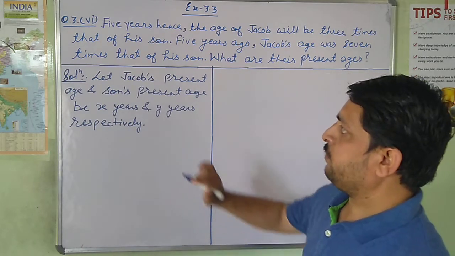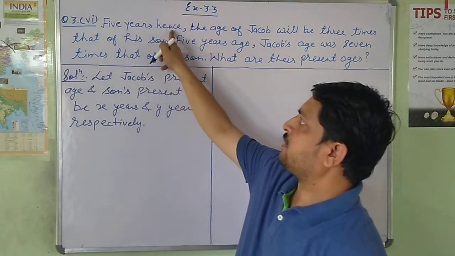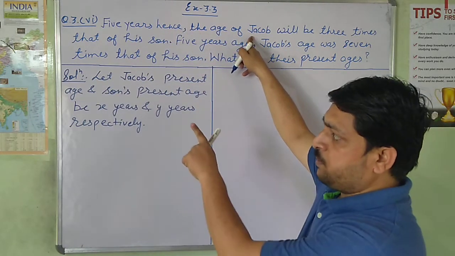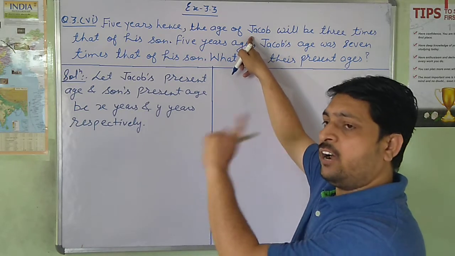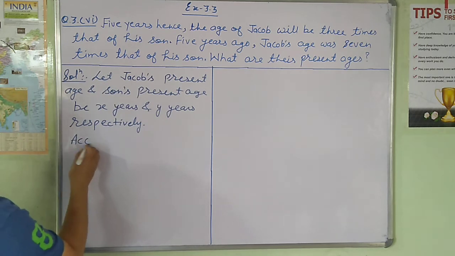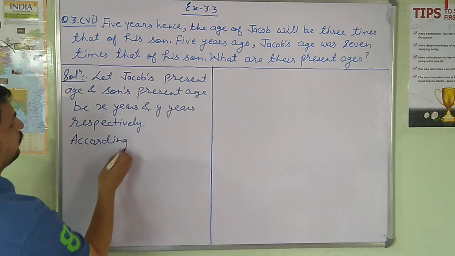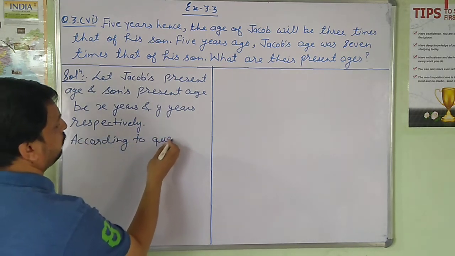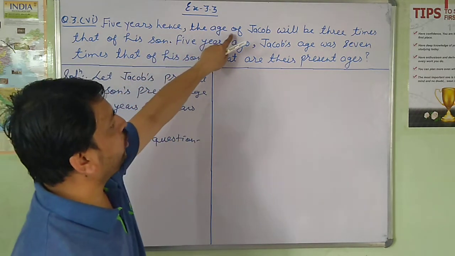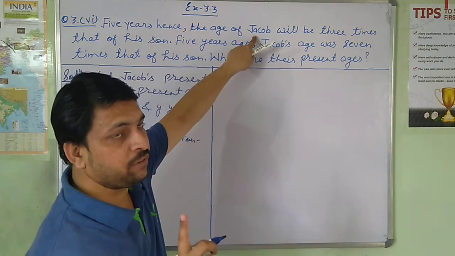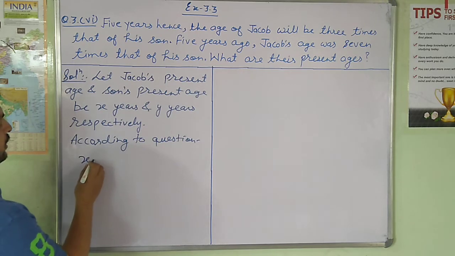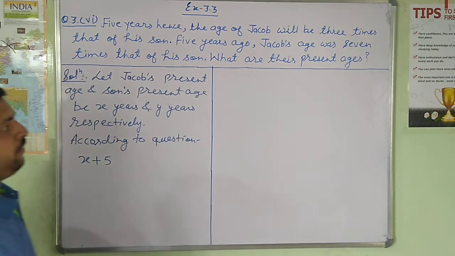Now according to question, what is given? 5 years hence the age of Jacob. Now Jacob's present age is x years. After 5 years it will be x plus 5. So according to question, the age of Jacob after 5 years will be x plus 5.